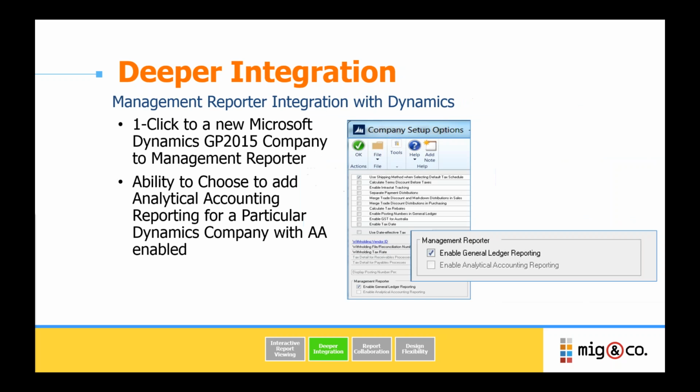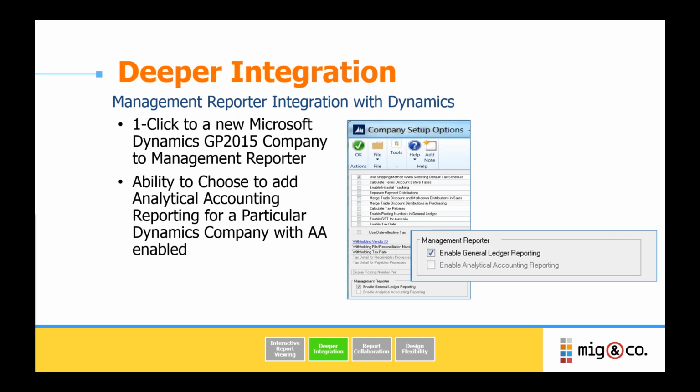This feature is something you definitely don't have in FRX, which you might want to consider moving to Microsoft Management Reporter sooner than later. FRX and Management Reporter can both be run on GP 2013 now. You can actually run both of those side by side when you're going through the process of migrating from FRX to Management Reporter.